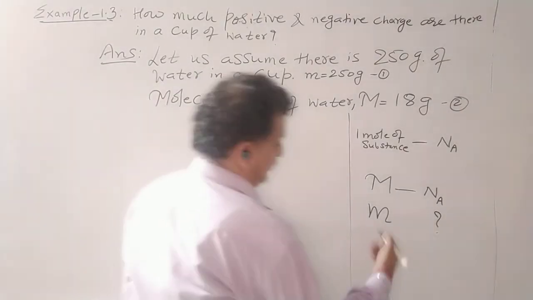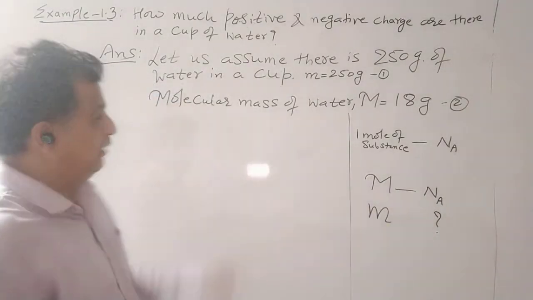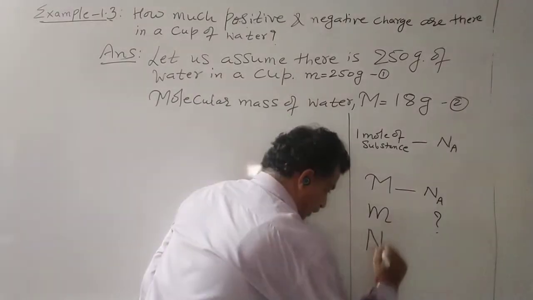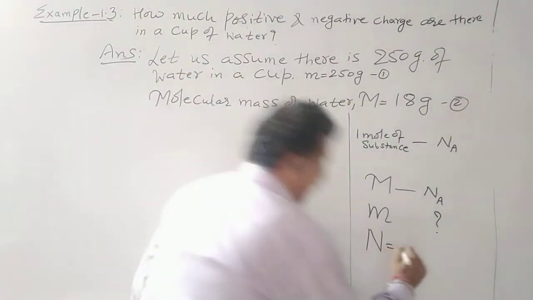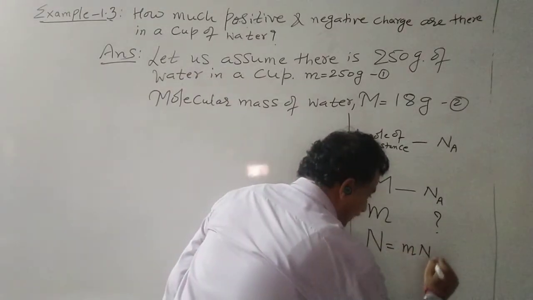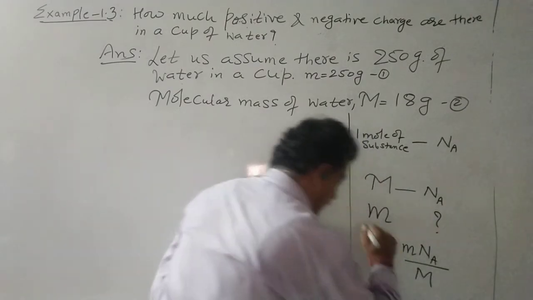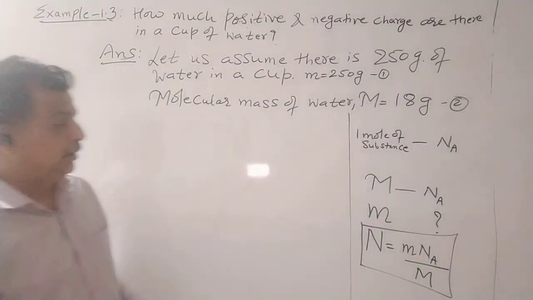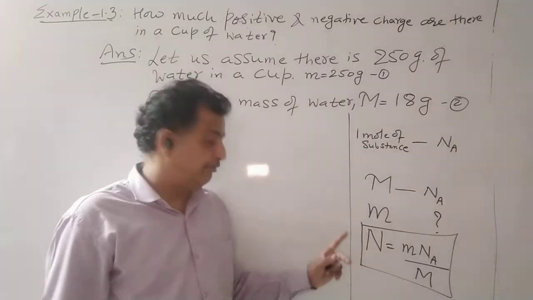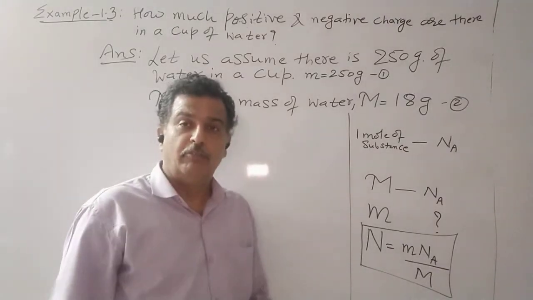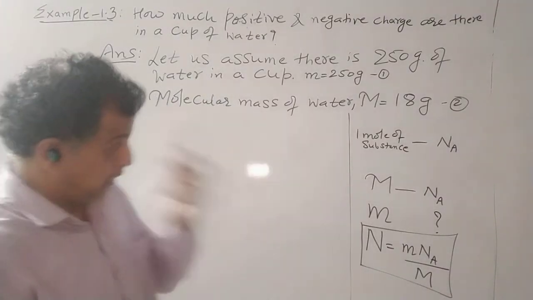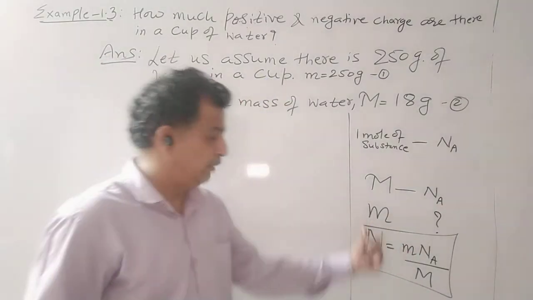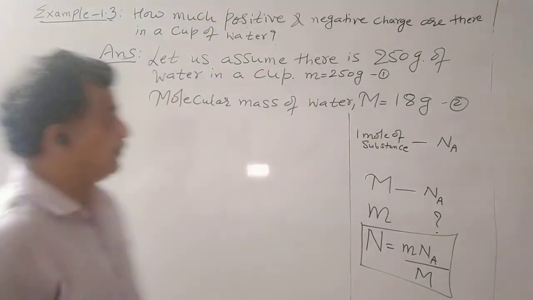Let us assume our number to be N. So the formula becomes the number of water molecules is equal to m Na upon capital M. Do remember this formula to find the number of molecules or atoms. We know in 1 mole we have a fixed number of atoms or molecules, so for a given mass, this is the formula.